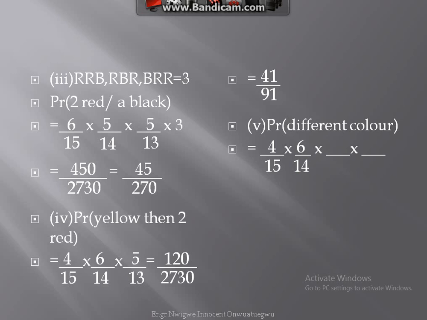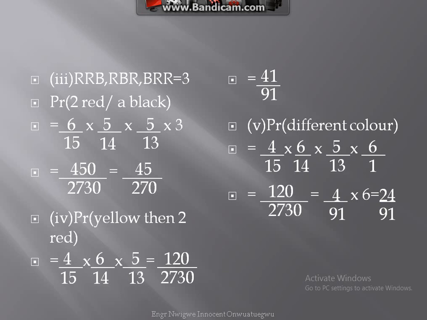We remove yellow, we now have 5 over 13, which will give us times 6 over 1, which will give us 120 over 2730. If we cancel out, we'll be left with 4 over 91 times 6, which will give us 24 over 91.